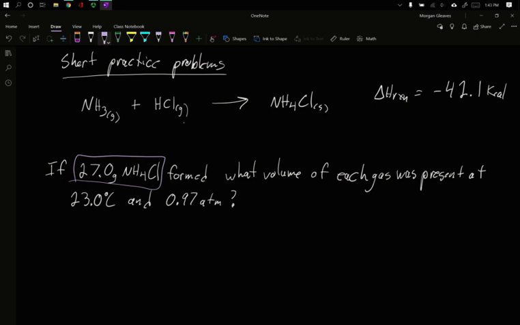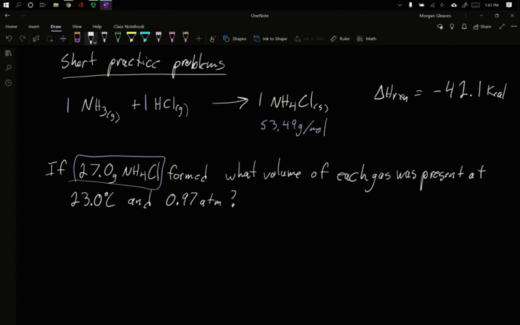If we look at our balanced reaction, 1 chlorine, 1 chlorine, 1 nitrogen, 1 nitrogen, 4 hydrogens, it is already balanced. It's 1 to 1 to 1. My molecular mass for ammonium chloride, if I add up the nitrogens, the hydrogens, and the chlorine, is 53.49 grams per mole.